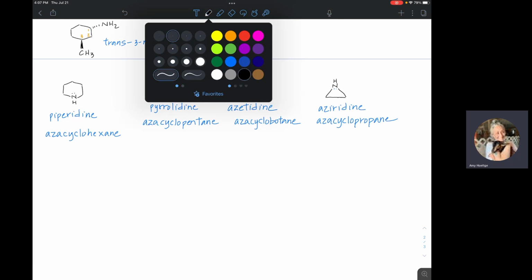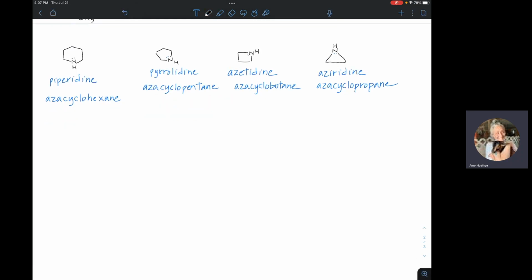And like I was saying, you could have a group attached to the nitrogen. So just make something up here. I want to tell somebody that that's a vinyl group, right? I want to tell somebody that's on the nitrogen and not on one of the carbons. So I say this is N-vinyl azacyclopropane.